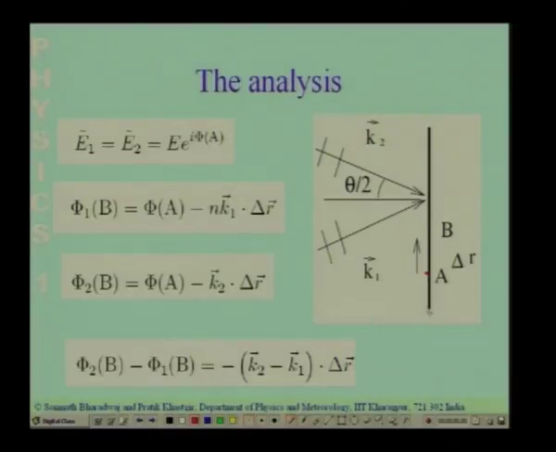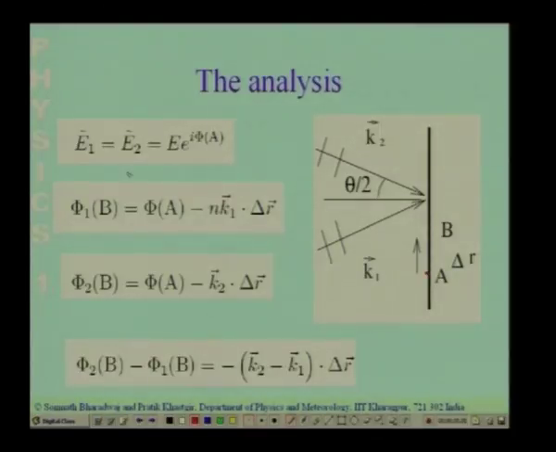Now, we first identified a point A where both the waves arrive at the same phase. If both waves arrive at the same phase, then the electric fields of these two waves are going to oscillate in exactly the same phase. So, they are going to add up and you are going to have a maxima in the intensity at the point A on the screen over here.